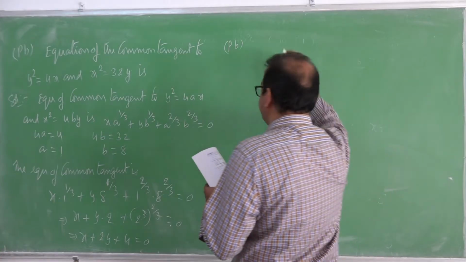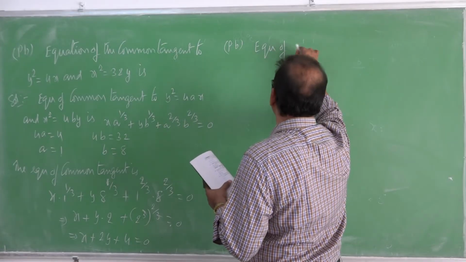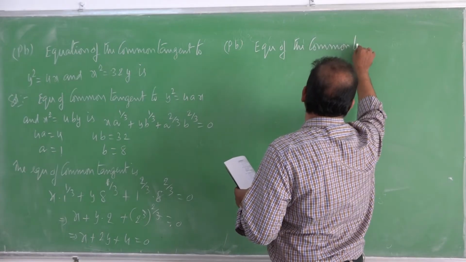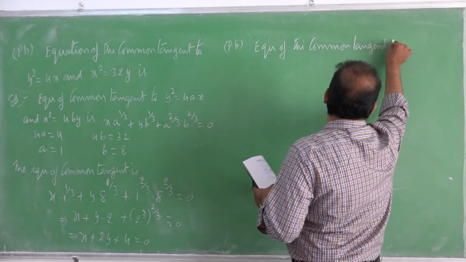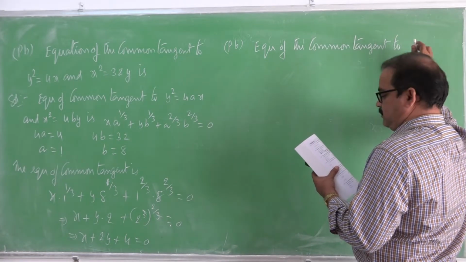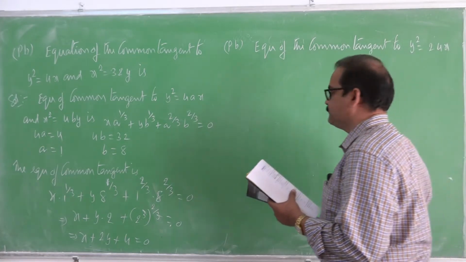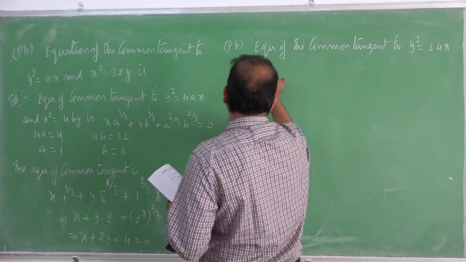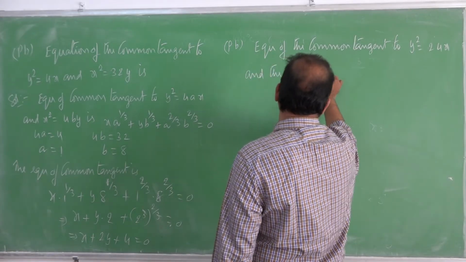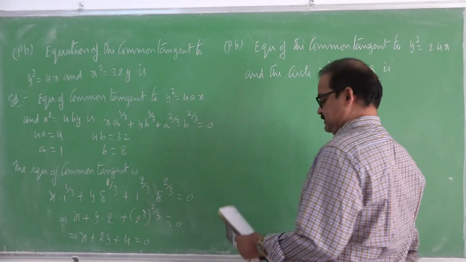Next problem. Equation of the common tangent to the parabola y square is equal to 24x and the circle x square plus y square is equal to 18 is.